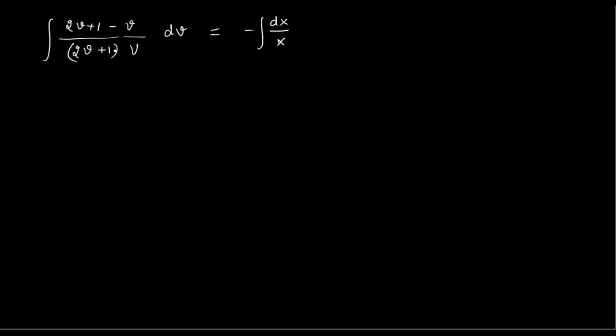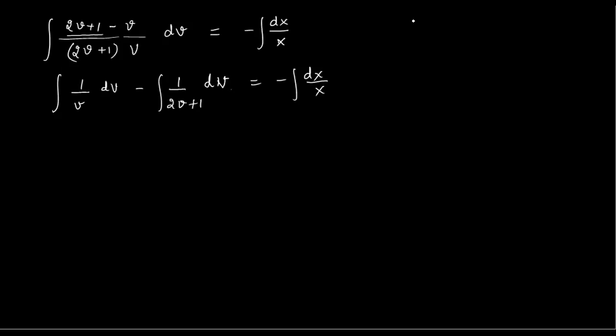Now distribute this denominator. So 2v plus 1 divided by this much, 2v plus 1 gets cancelled and we end up getting 1 over v dv, minus, this time v gets cancelled and we end up getting 1 over (2v plus 1) dv, equals minus dx over x.